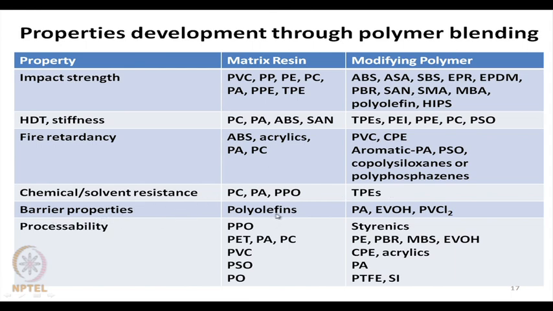Barrier properties: the barrier properties of polyolefins like polyethylene or polypropylene can be changed by mixing with polyamides, nylons or polyesters or ethylene vinyl alcohol or polyvinylidene chloride.